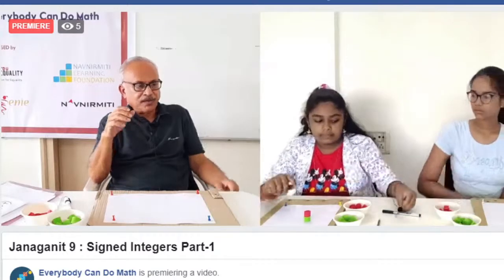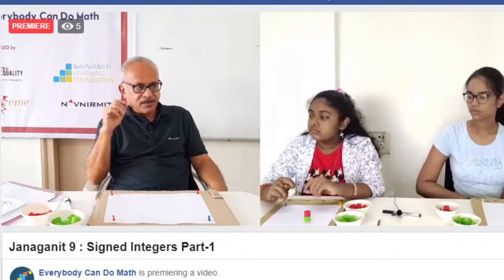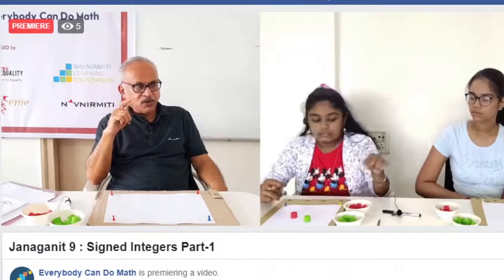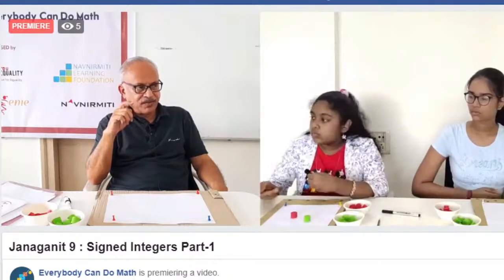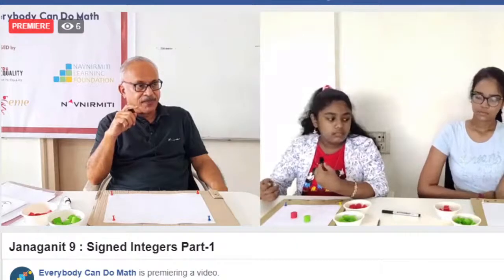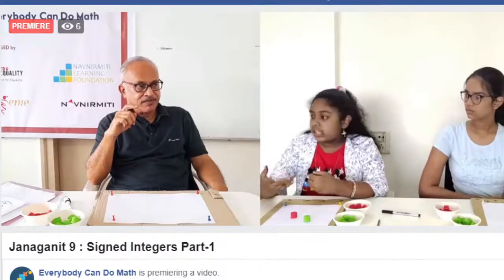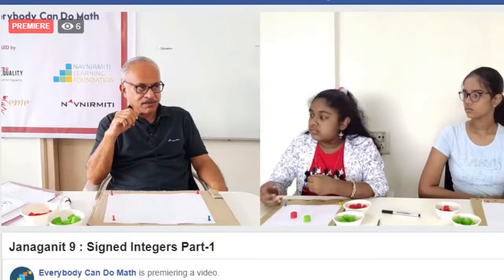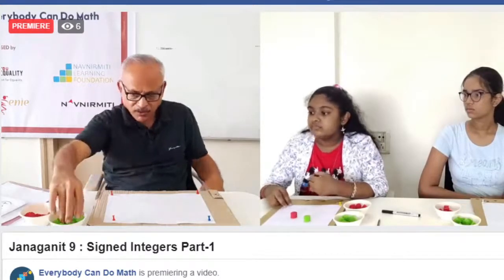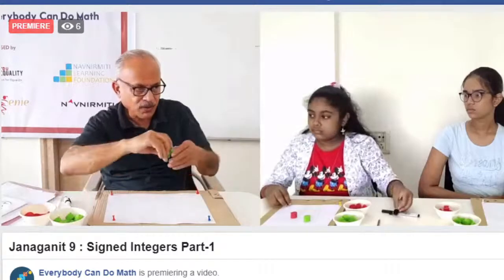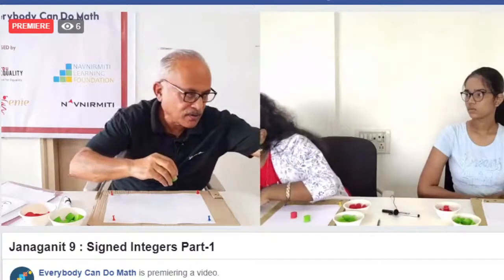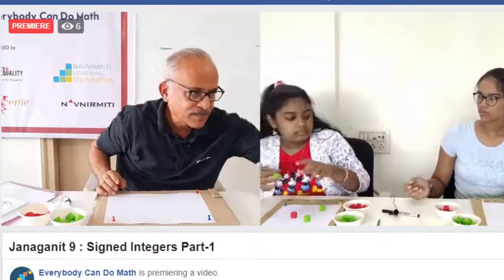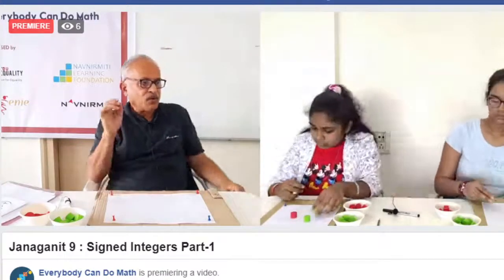Let's do it again. Take away your negative, each of you. Look at your account. What is the value of your account, Jyoti? 0. And what is the account of Nandita? 1 negative. Who has more? You have more. I give you now 1 rupee and I give Nandita 1 rupee.